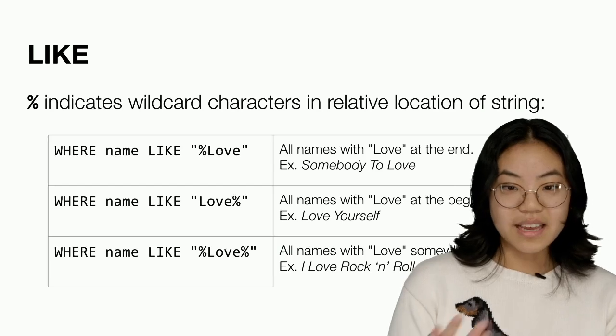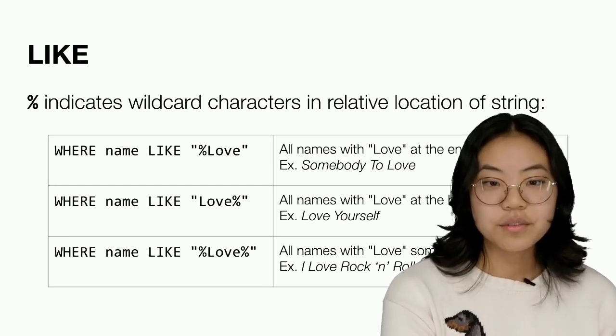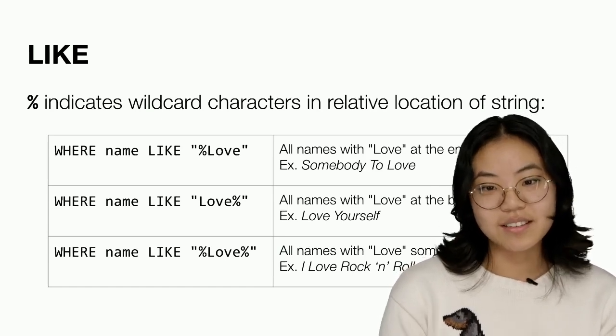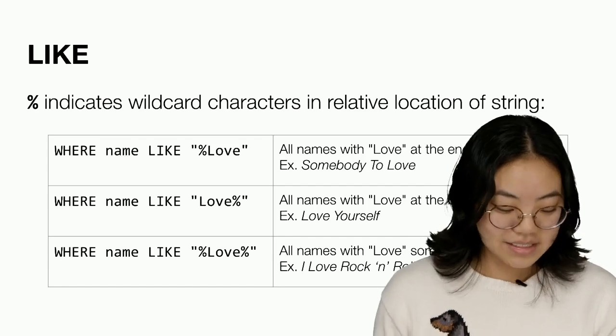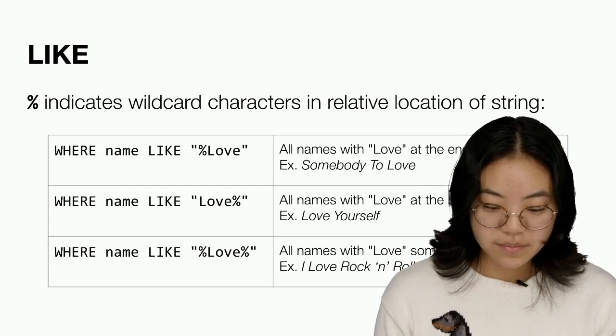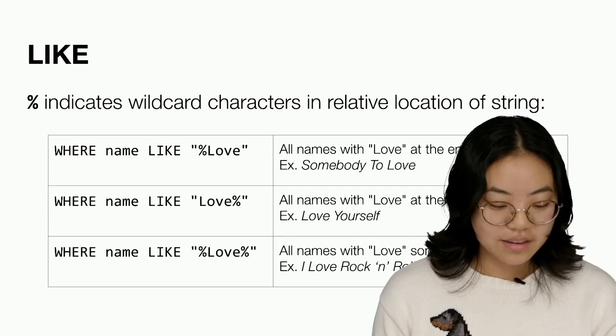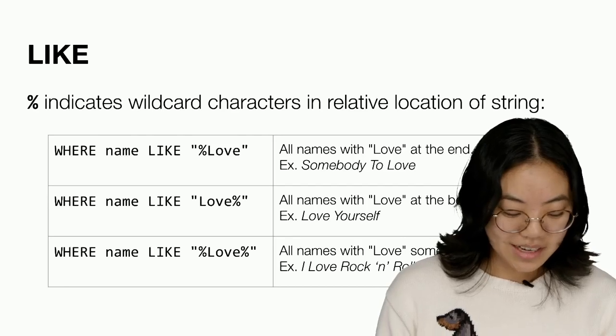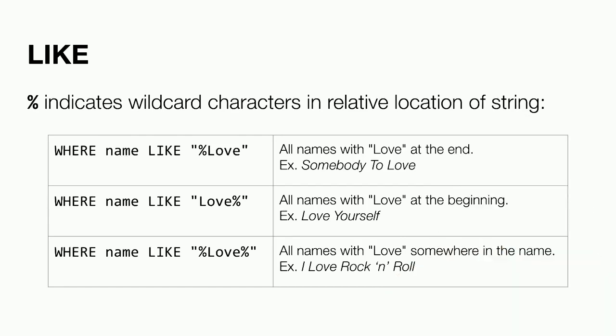We also have LIKE, which is a helpful keyword for filtering by titles that are like a certain thing. Let's say I only want names where there's the word love in the song's title. There are a few ways you can do this by using this percent symbol.